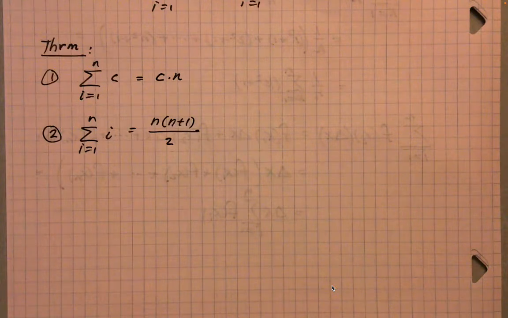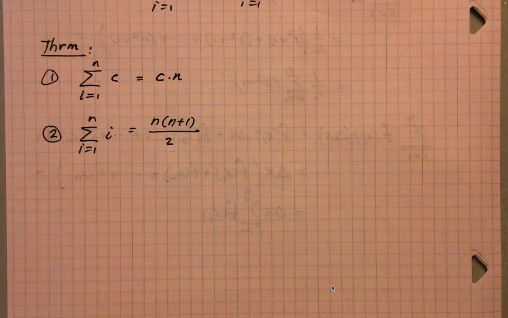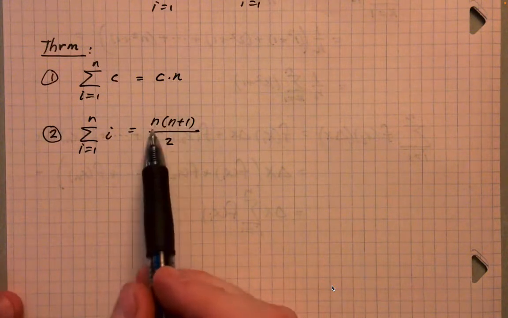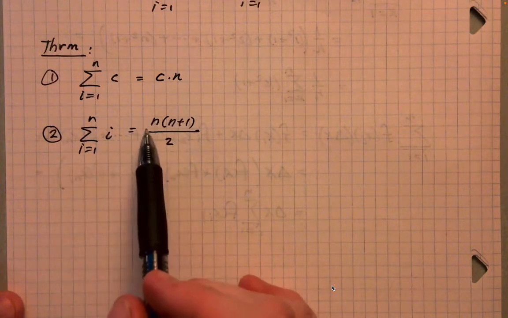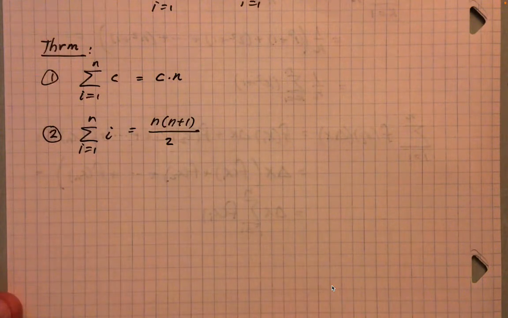Clearly in both cases, the sum can be calculated directly, but you just need to know what n is in order to figure out precisely what number the sum is equal to. So here, whatever n happens to be, you multiply it times n plus 1 and divide the whole thing by 2, and that's your sum.